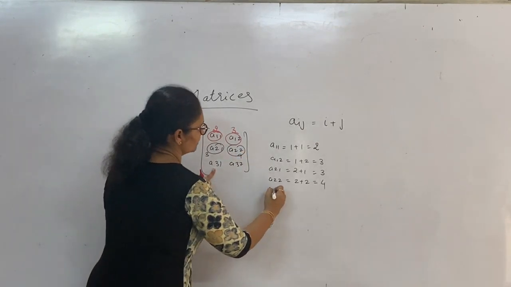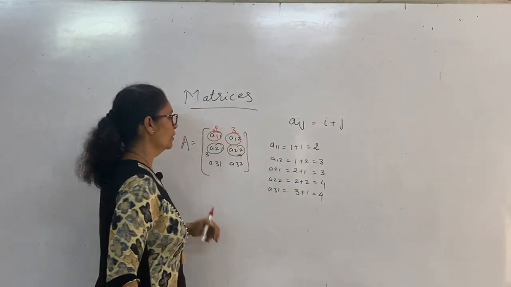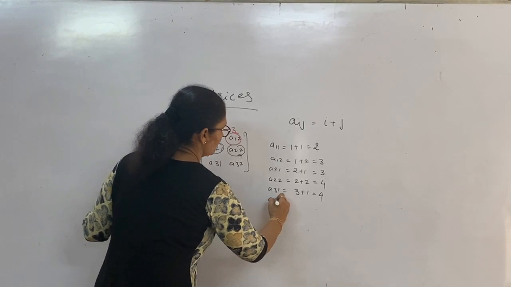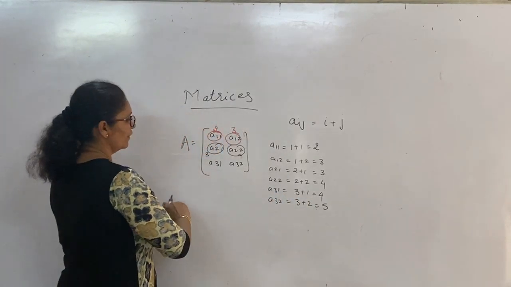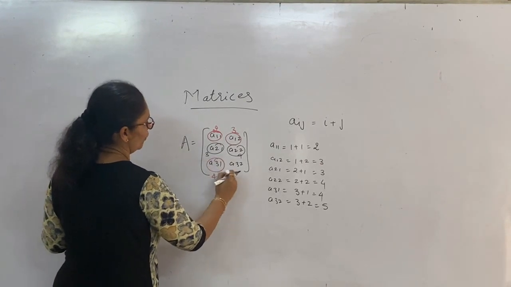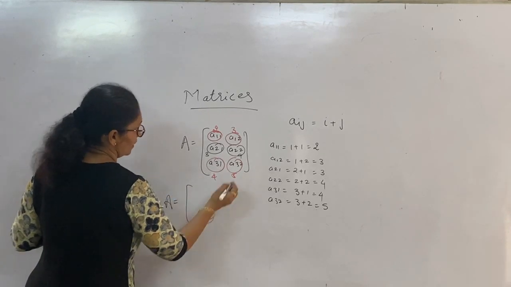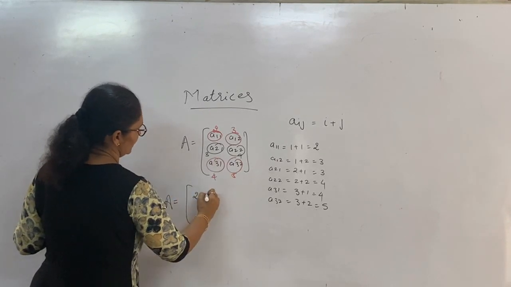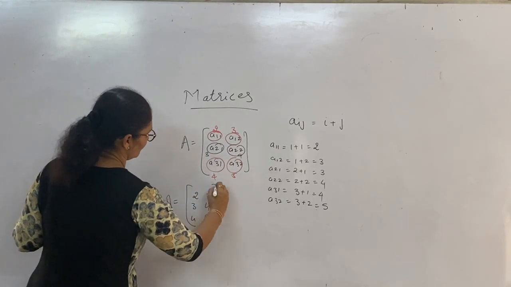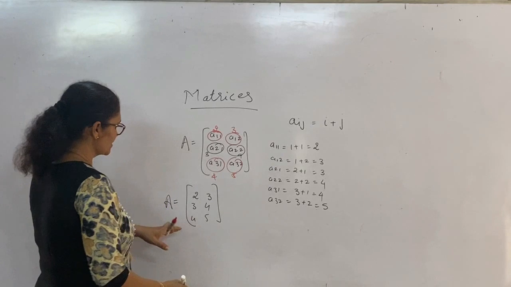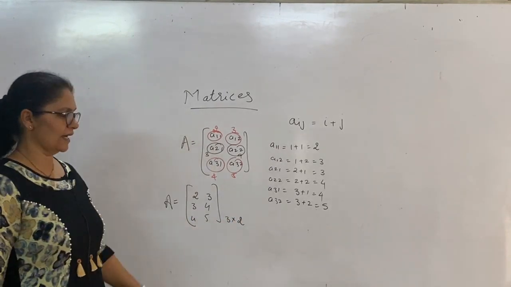Now A31. 31 means i is 3 and j is 1, so 4. And last A32. i is 3, j is 2 means 5. So we have the full matrix. Now what you get as matrix A? The first row 2, 3, then 3, 4, then 4, 5. So this is your matrix in which 3 rows and 2 columns are there.